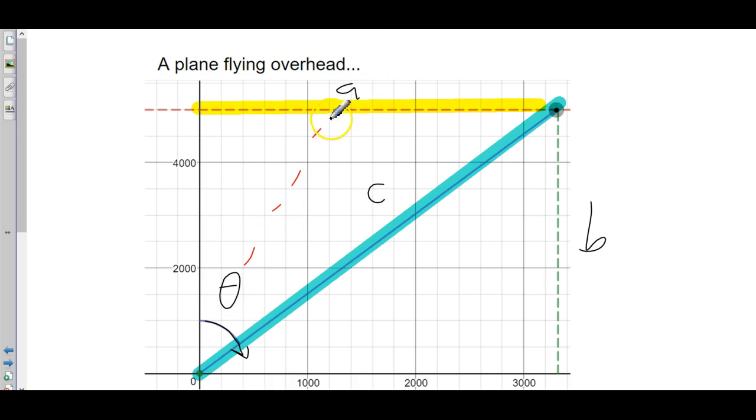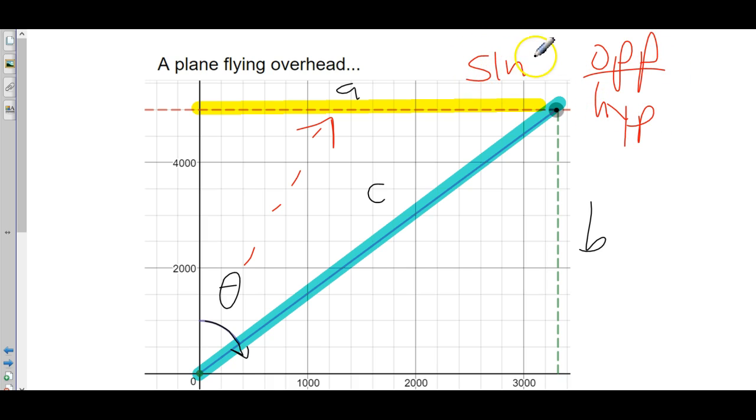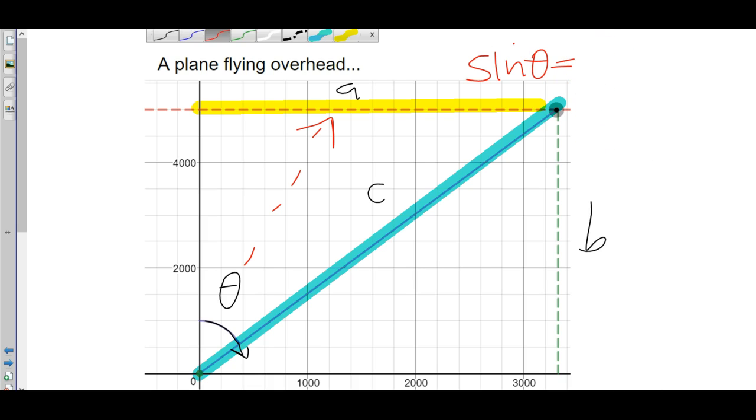This is the opposite side of that angle, and this is the hypotenuse. So who is opposite over hypotenuse? If you remember your right triangle trig, this is the sine of the angle. So that's what I set up: the sine of theta is equal to A over C, with the way I've got it worded.